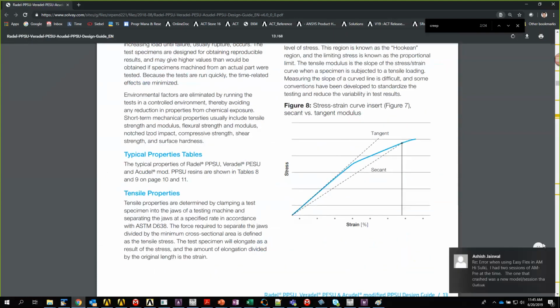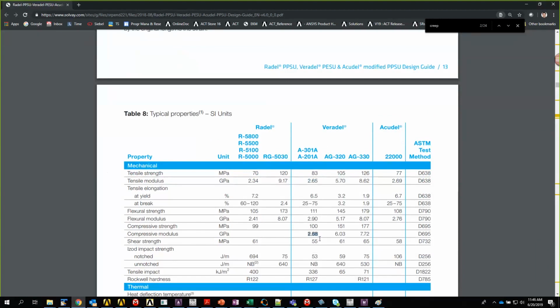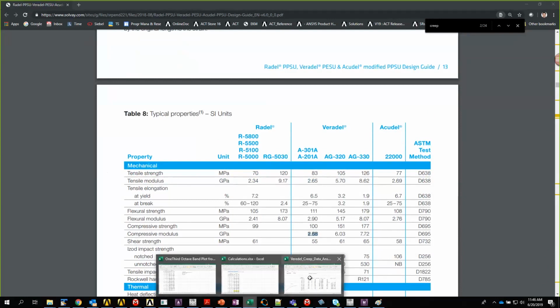I'm not getting into the details of this, but the point I want to make is that the value we calculated from the stress strain curve and the value given as per the ASTM standard are almost the same.